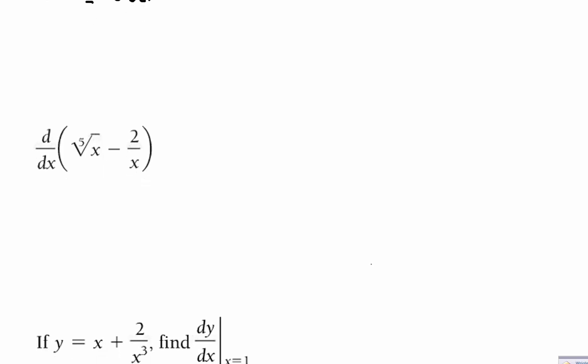Okay, I lied to you. I have 2 more now. So if you want to take this derivative, what do you do? Well, again, you write it in terms of a fractional exponent, and this one you write with a -1, and now you're able to use your power rule.